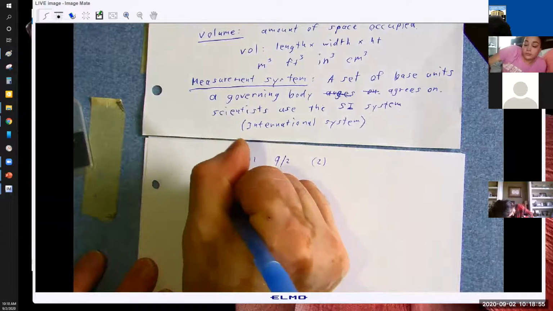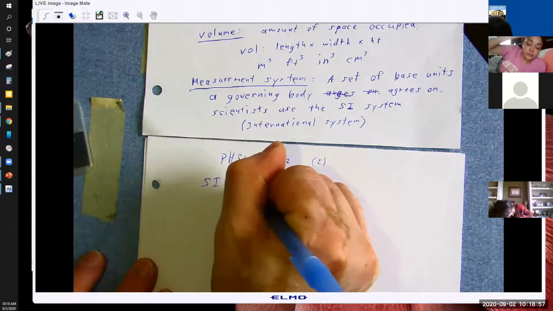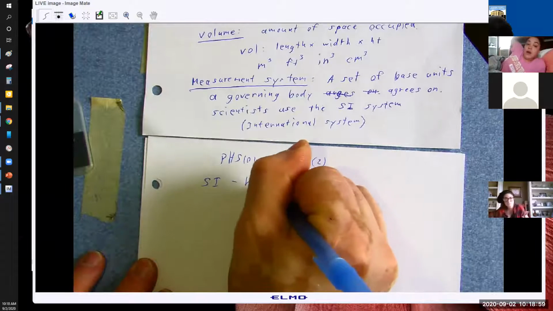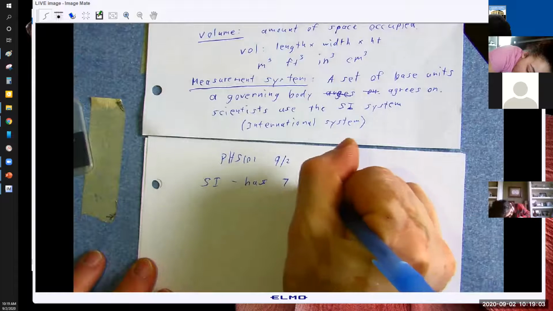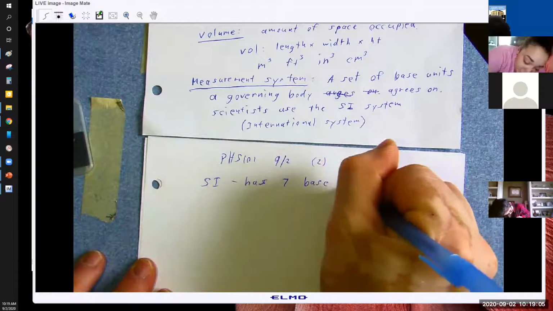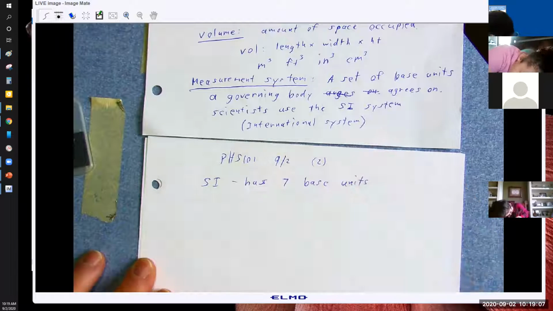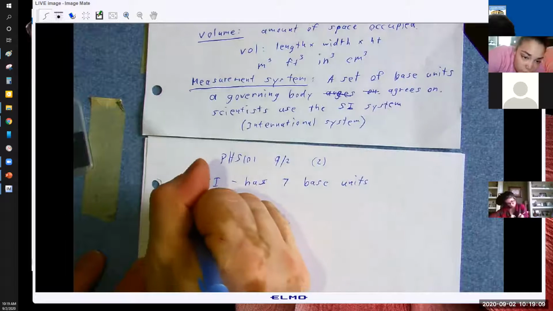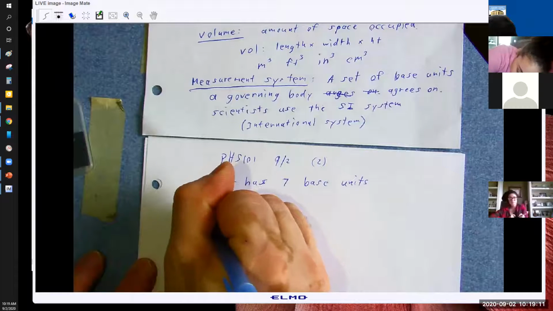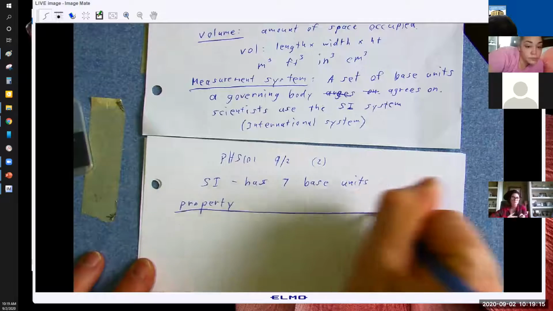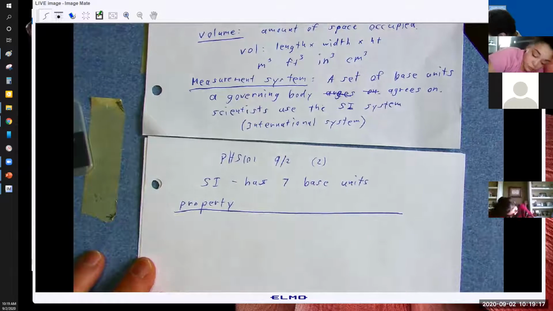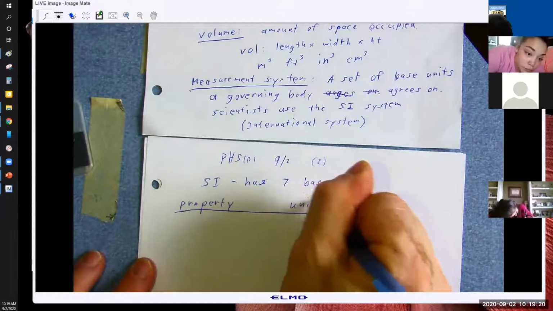So the SI system has 7 base units. For each property, there's a corresponding unit.